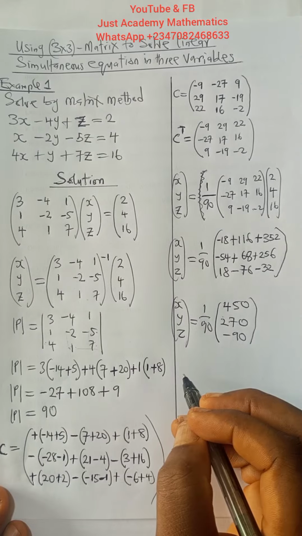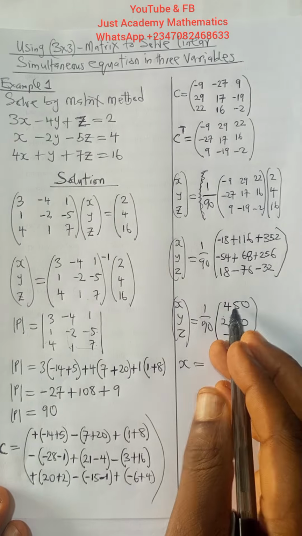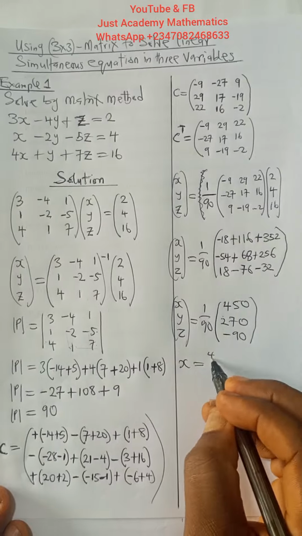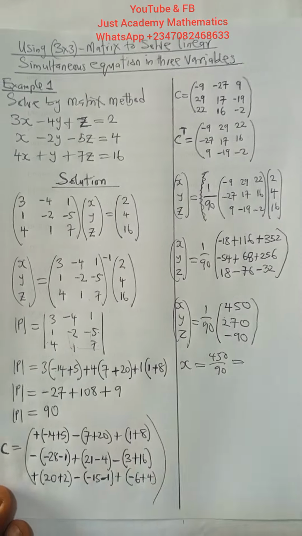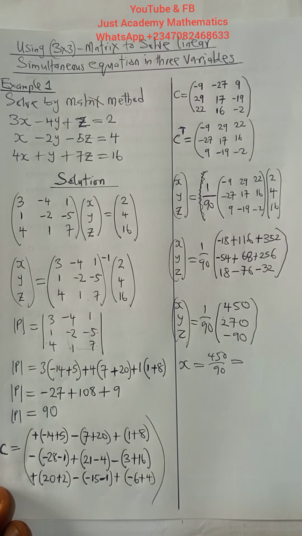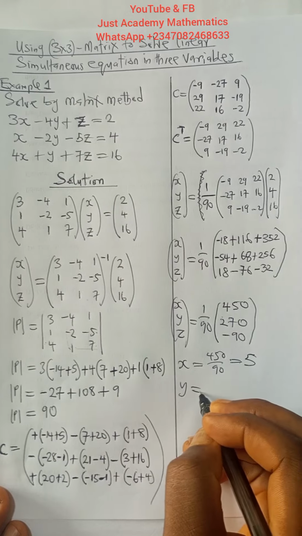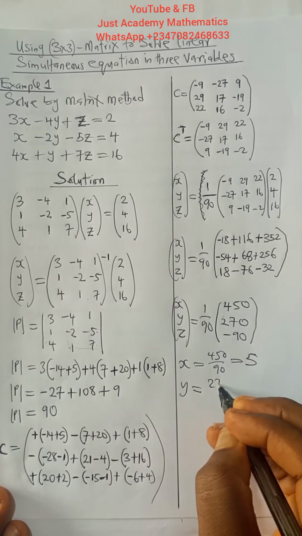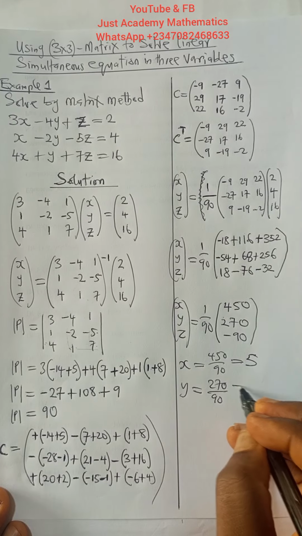So what is the value of x, y, z? Simple now. x is equals to the first one, 450 over 90. 450 divided by 90 will give us 5. x is equals to 5. What is y? y is equals to 270 over 90. Of course, it will go 3 times.